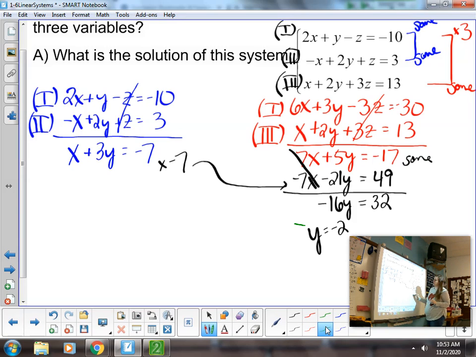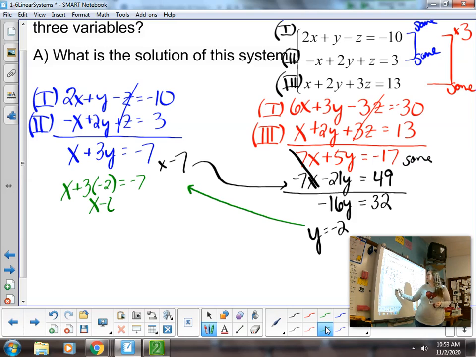So I'm actually going to use this equation over here, the blue one, because I have more space to write below it. So this equation is going to become x plus 3 times negative 2 is equal to negative 7. So if x minus 6 is negative 7, add 6 to both sides, you get x is equal to negative 1. So now I have x and I have y.